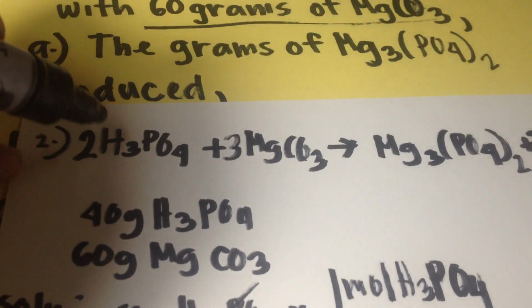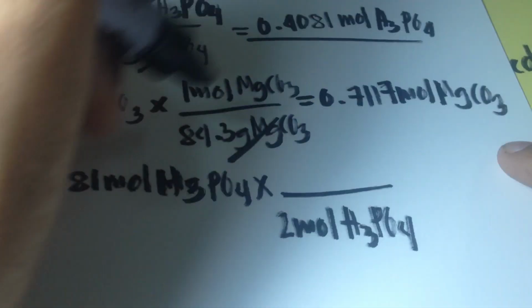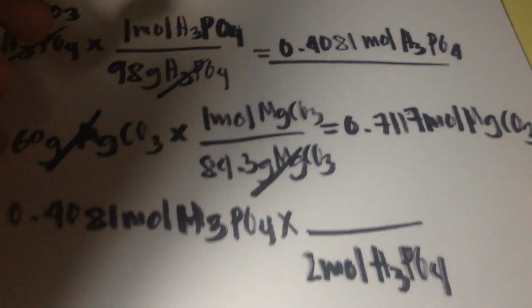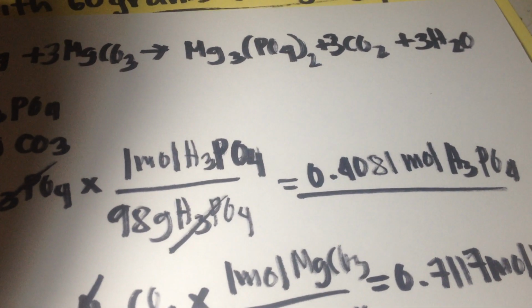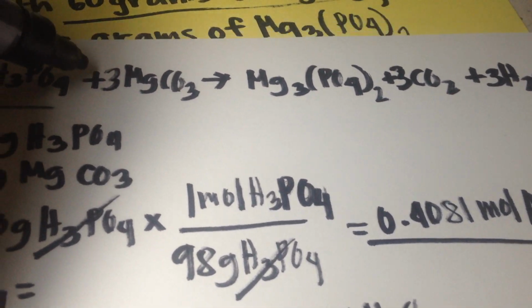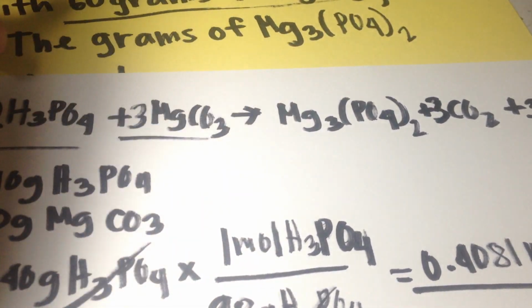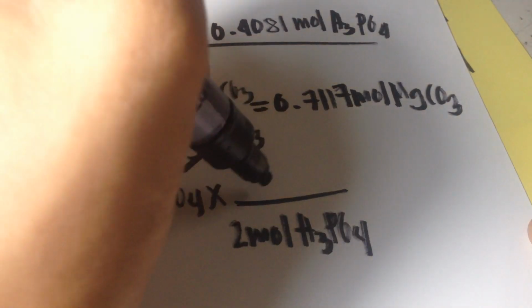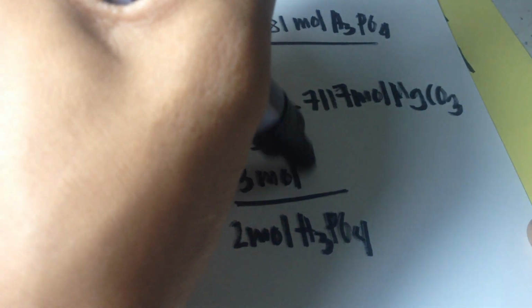We have 2 moles of phosphoric acid to 3 moles of magnesium carbonate.